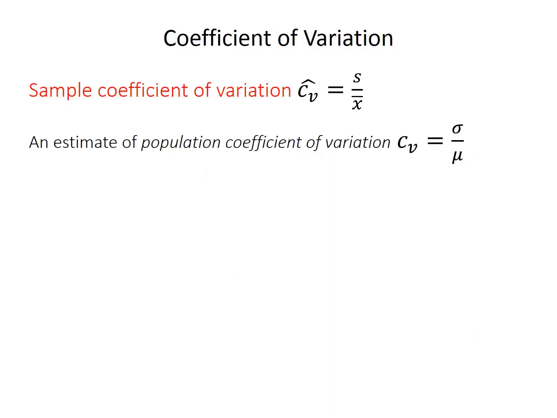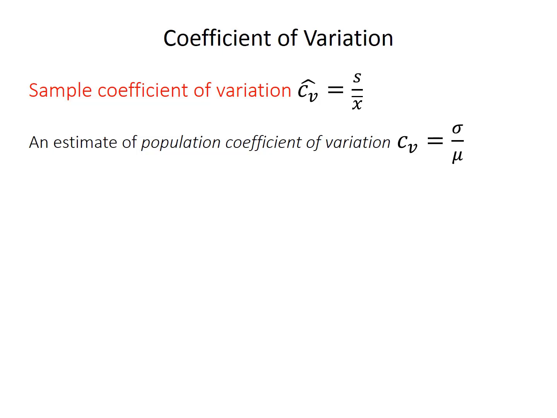So we can avoid the fact that the variance has some relation to the mean by calculating something called the coefficient of variation, which is just the standard deviation S, our sample standard deviation, divided by our sample mean x bar. So again, remember that we're always using a sample to estimate parameters of this larger population.